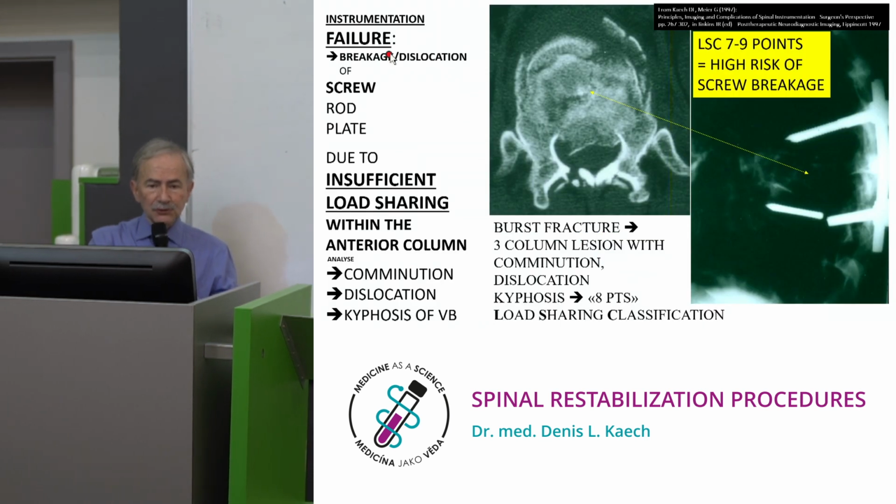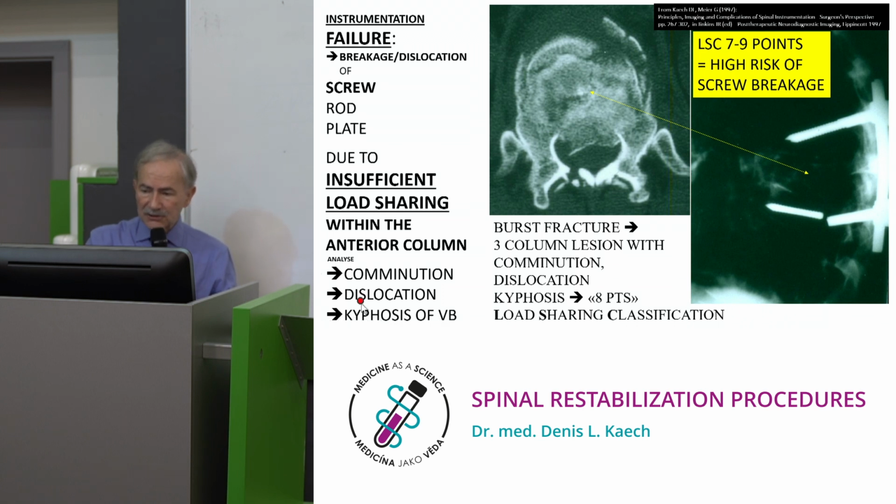Okay, instrumental failure means a screw, rod, or plate may break, and it's generally due to insufficient load sharing within the anterior column. So you analyze comminution, dislocation of the vertebral fragments and the kyphosis of the vertebral body.